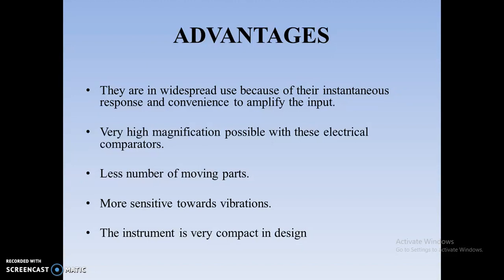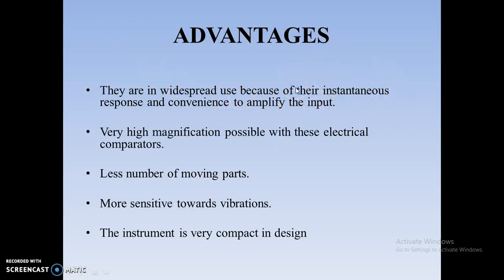Now what are the advantages of an electrical comparator? These electrical comparators are widely used because of their instantaneous response and convenience to amplify the input. That means the moment there is a change in the plunger movement, that response can be seen immediately on the scale. That is, the response rate is very fast.